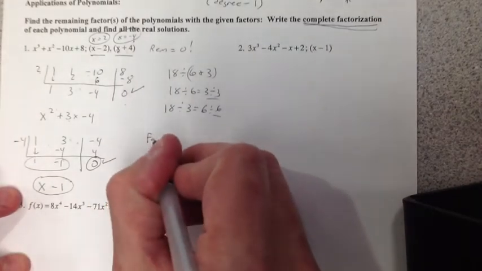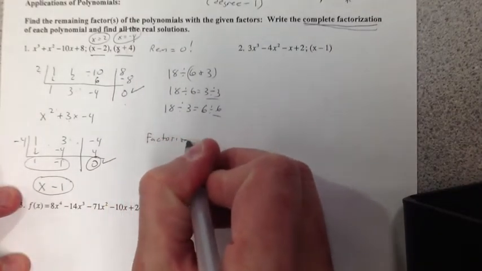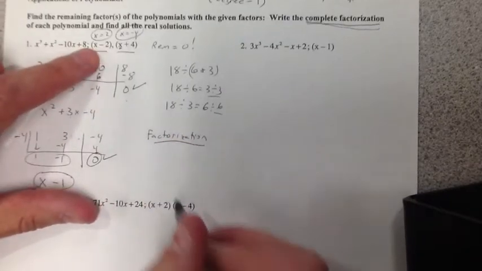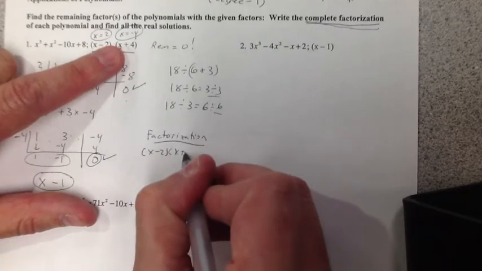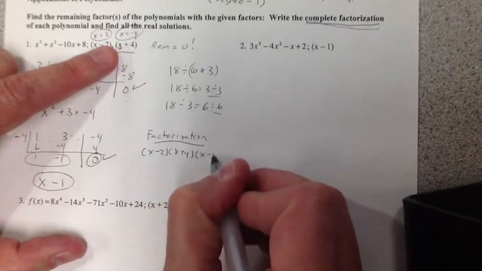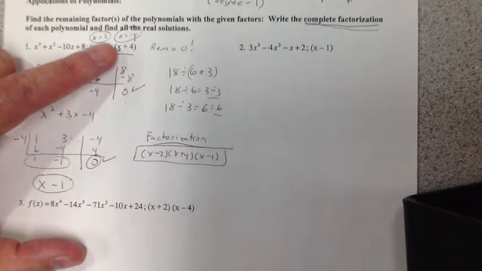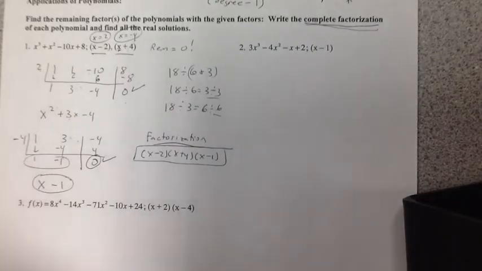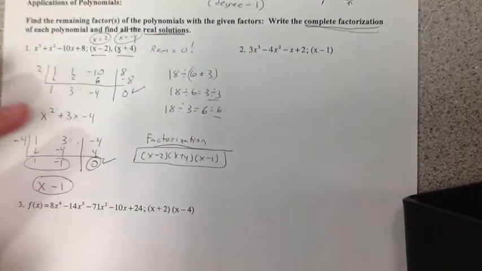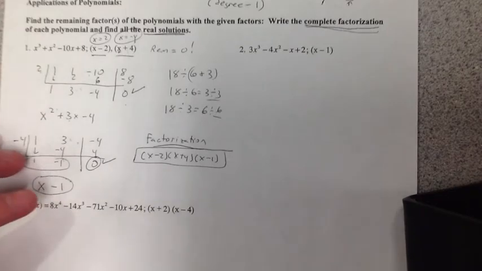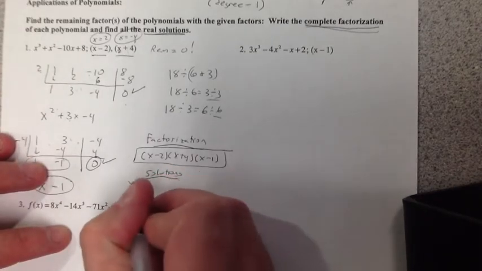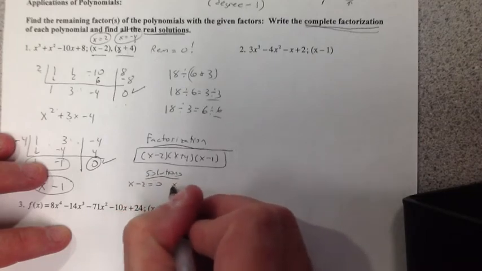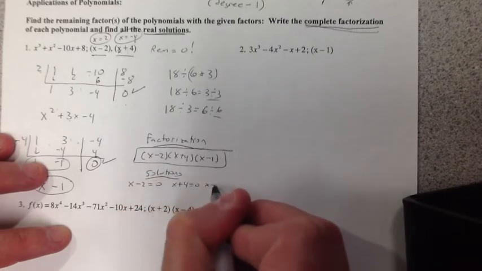So our factorization is very easy. They gave us x minus 2, x plus 4, and we just found x minus 1. And that's the complete factorization. Now, what if we want to find the real solutions? To get the solutions, we take each factor and set it equal to 0.